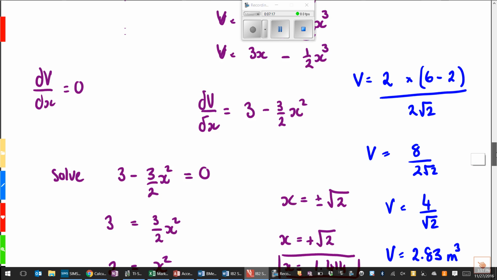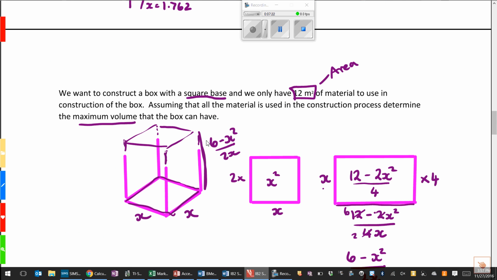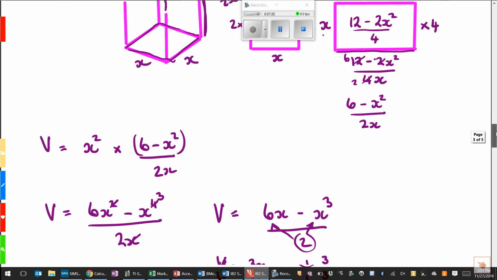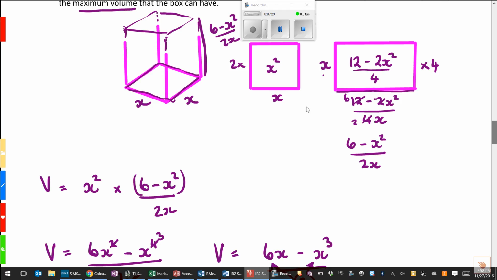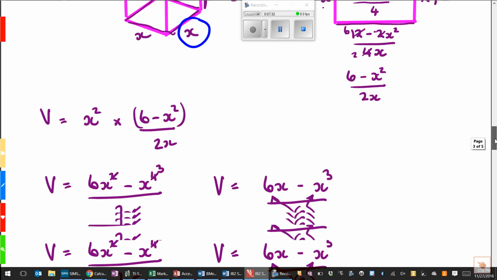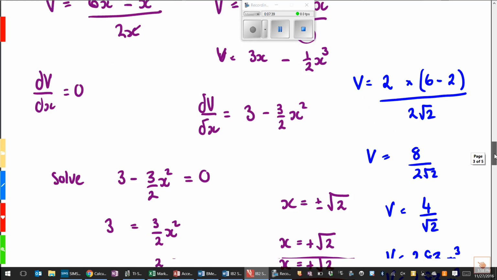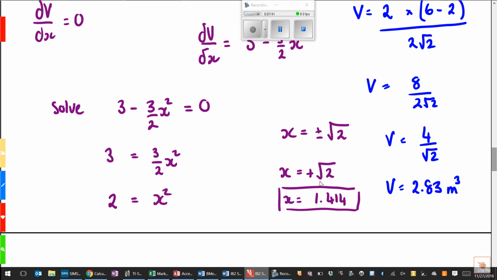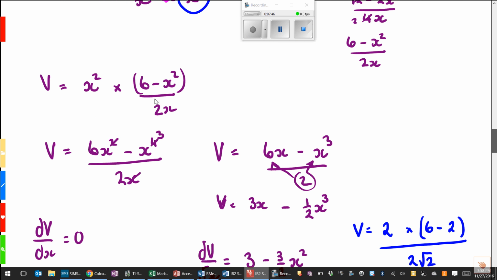Just check, that's what we've got. Meters cubed, maximum volume the box can have. So we found our x, which, just to confirm, x was a dimension. It didn't matter which volume equation I put it in, but because I found out that x was the square root of 2, putting it into this one was nice and easy, because the square root of 2 squared is 2, and I had that there as well.